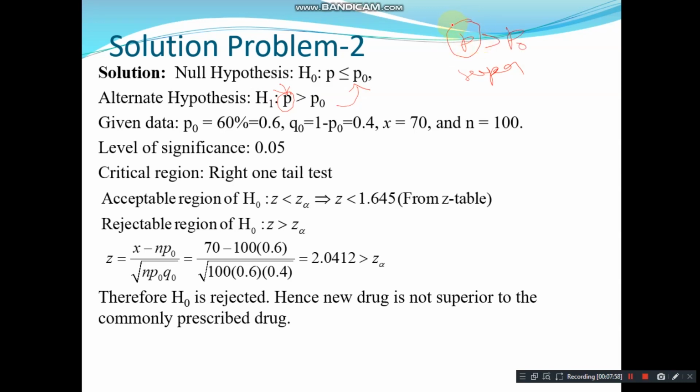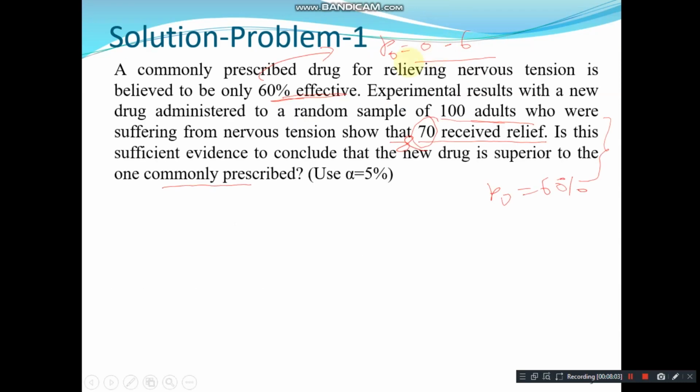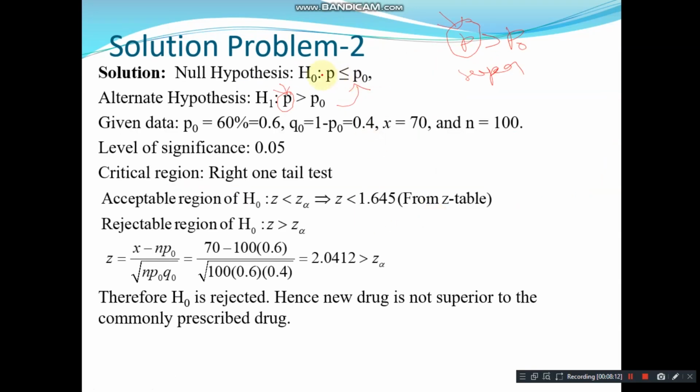P should be the superior because this proportion is related to the new drug. They gave the statement that the new drug is to be superior. So that's why we have chosen like that. P less than or equal to P naught is against H1. Here H1 supports the given statement, H naught disagrees with the given statement.